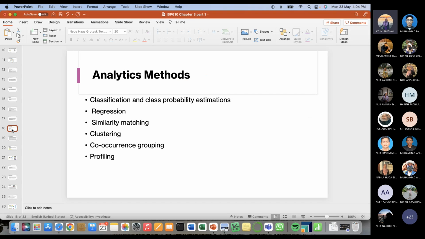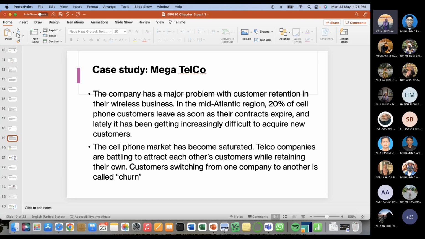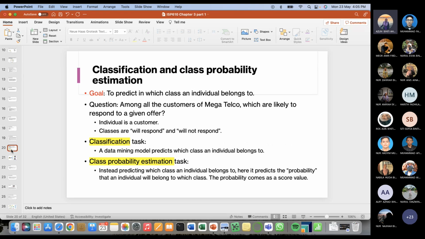But this is the case study. Let's look at how we can do these 6 methods in solving the problems. So let's look at the first one, classification. The goal of classification is to predict which class the individual or the customer belongs to. The question you should ask is, among all the customers of Mega Telco, which are likely to respond to a given offer?